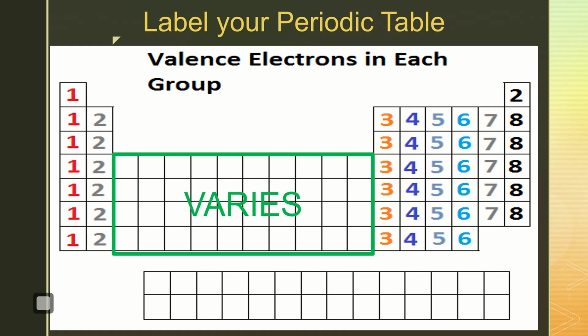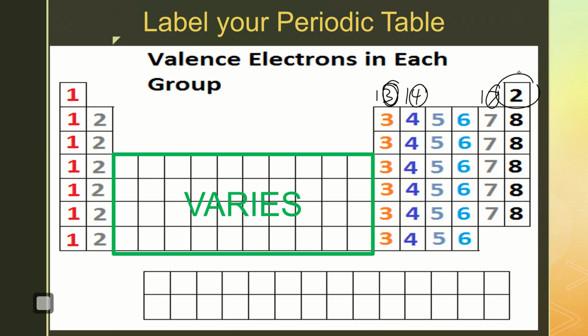Then we jump to the other side and it's 3, 4, 5, 6, 7, 8, okay? Some people can notice that this is group 13, so it's the ones digit in that number. So when you're in group 13, you have 3 valence. Group 14, 4 valence, et cetera, et cetera. Group 17, 7 valence, all right?